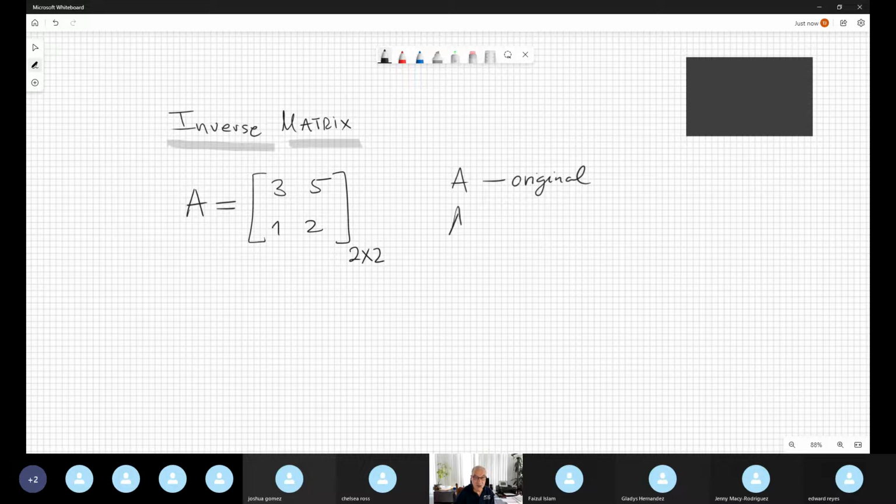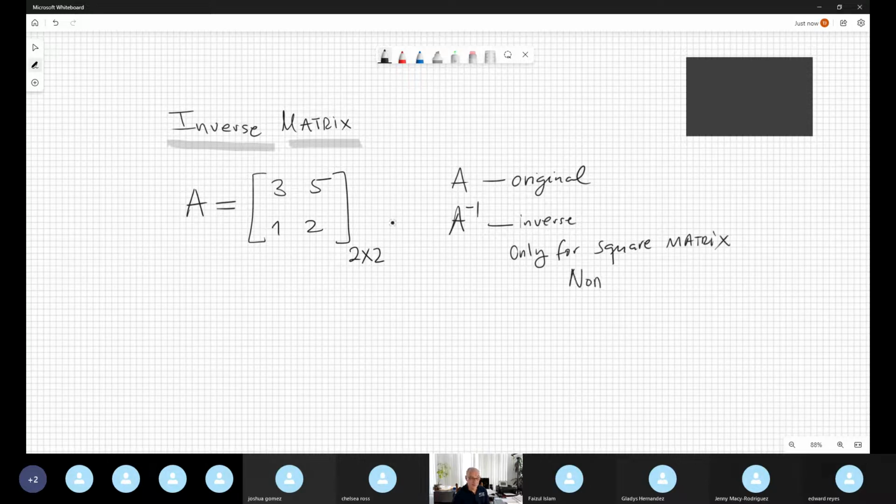However, the inverse is denoted using that symbol. It's very similar to the inverse function, no? But in this case, it's inverse matrix. And I want to explain the formula. It's important to understand that it's only possible to find the inverse matrix for a square matrix and non-singular.